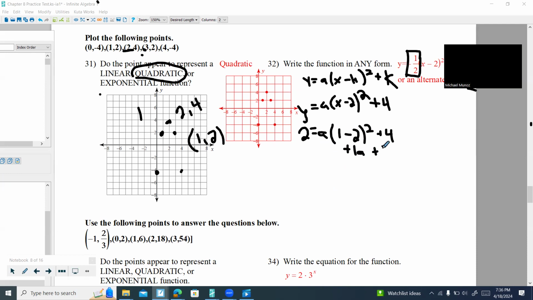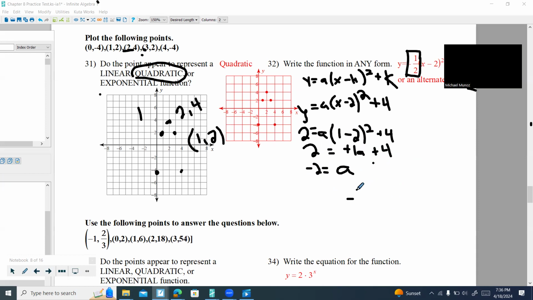Next, we want to get our a alone. And all we have to do for that is subtract 4. So if I subtract 4 on both sides, I'm left with -2 equals a. So now that we know that a is -2, I can go back and write my equation.